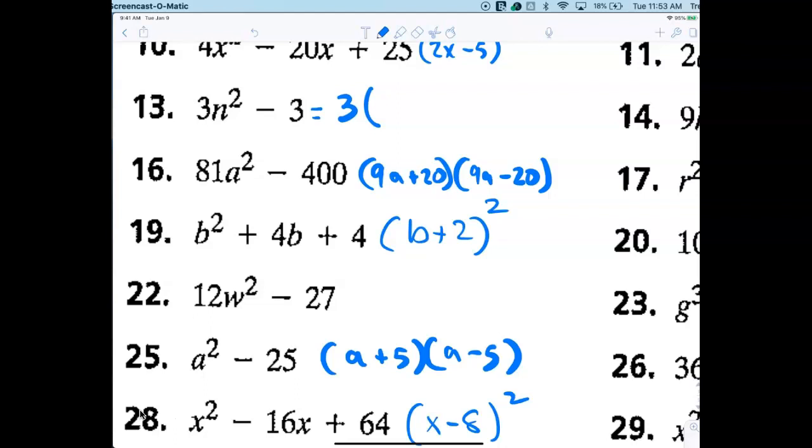N squared. So now we have 3 times n squared minus 1. Now, Sam, what can happen to n squared minus 1? It can square. So what would the answer be? 3 n squared minus 1 squared.